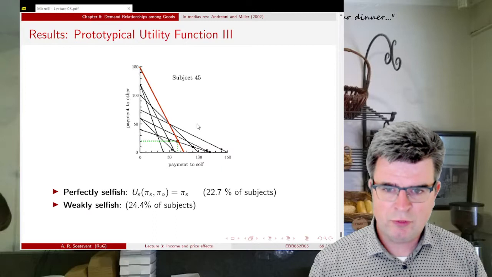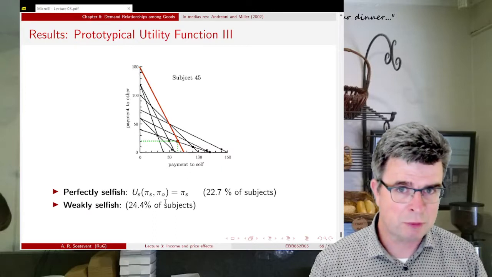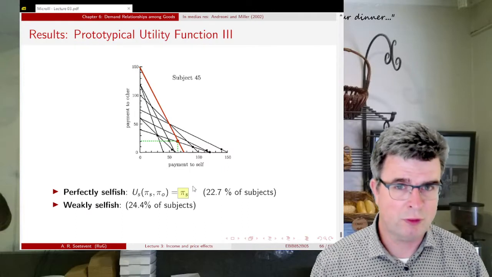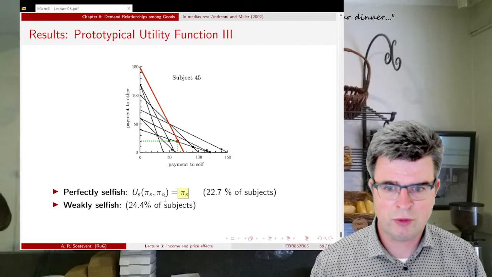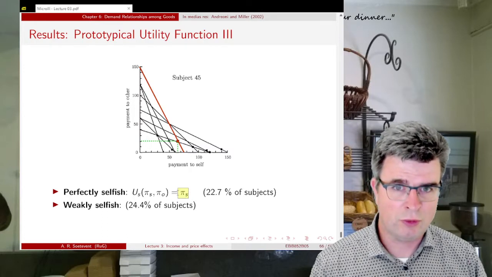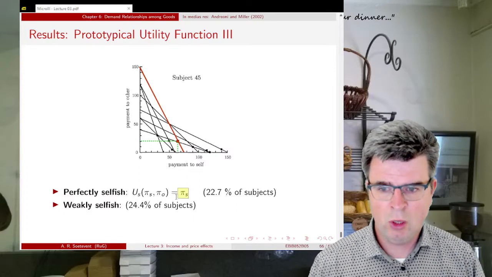And this is an individual whose preferences can be described as perfectly selfish. So the payoff of the other person doesn't enter the utility function. He maximizes utility, and his utility function is a function of the payoff to self only.